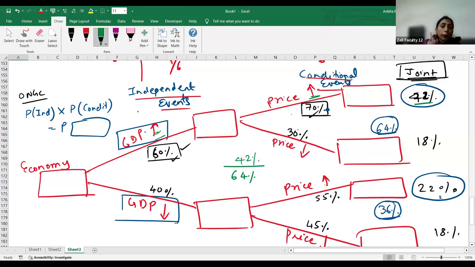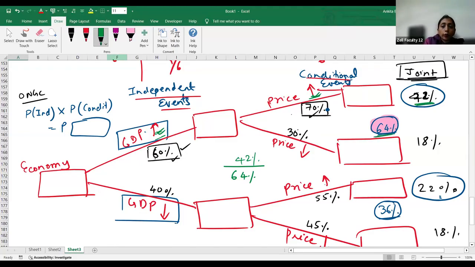See, listen to me very carefully. I'm again repeating. I am giving it to you that price has increased. So you already know that the probability of price increase is 64. And now I am asking what is the probability that GDP has increased? The joint probability of price increase and GDP increase is 42%.